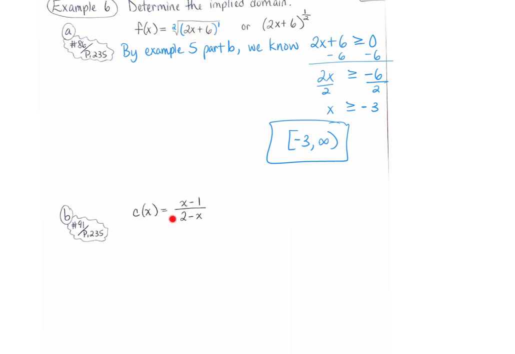But think about a fraction with numbers. Does the denominator always have to be greater than 0? No. So here, our denominator does not have to be greater than 0. What do we know about fractions? What do you know about your denominator?